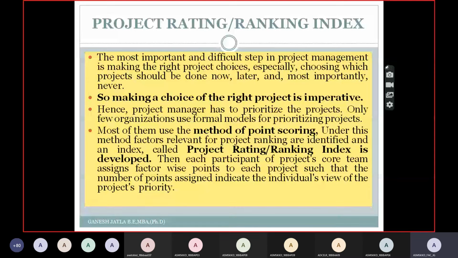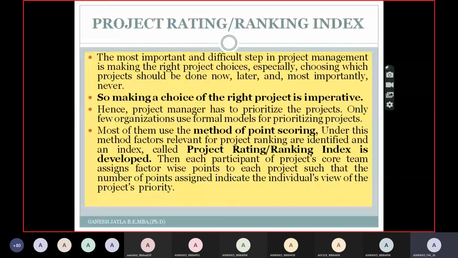This is the most important and difficult step in project management, because here you are making the right project choices, especially choosing which project should be done now, later, and most importantly never, because here you take the decision out of the 4 ideas.